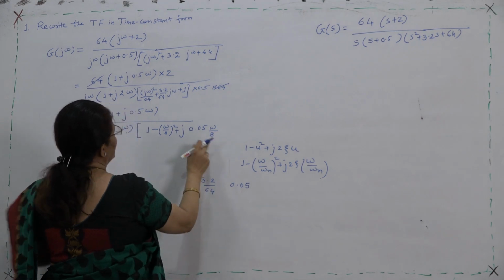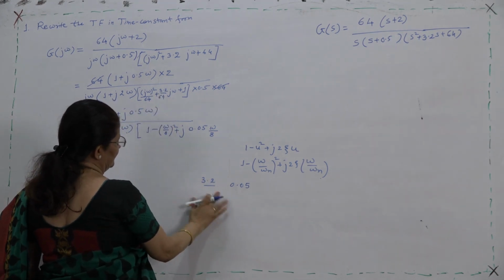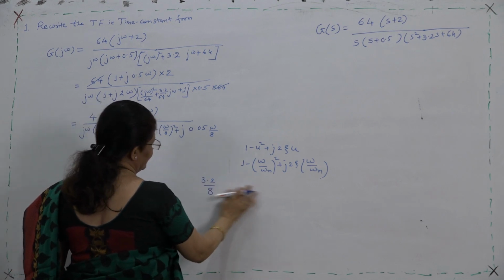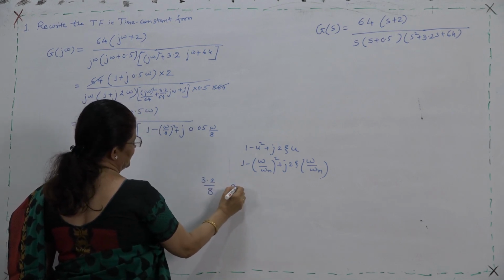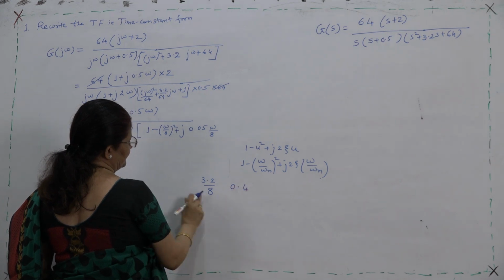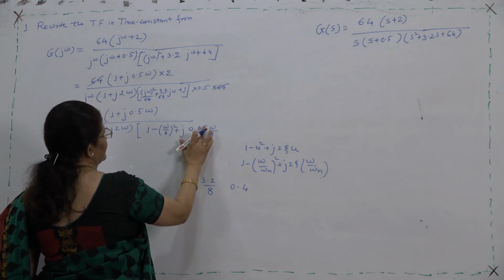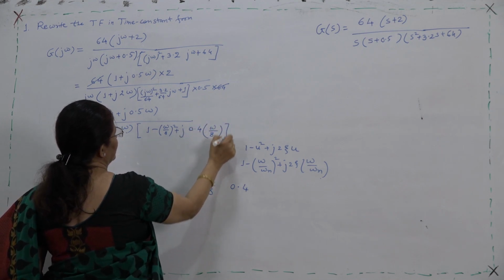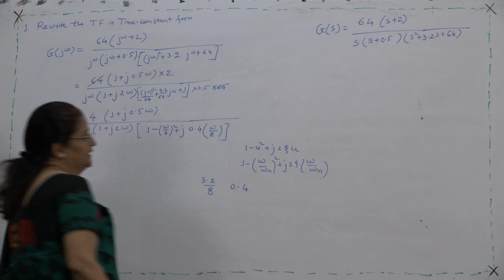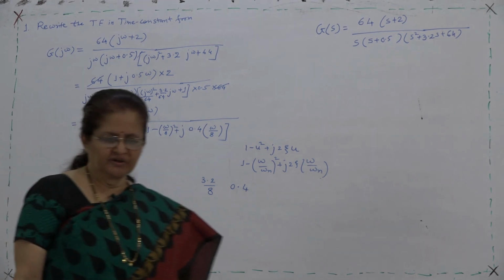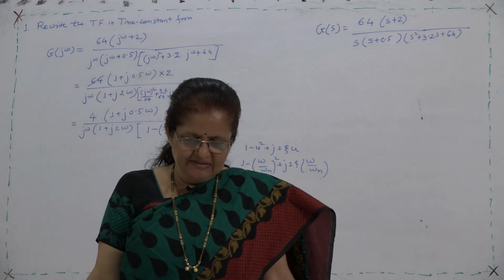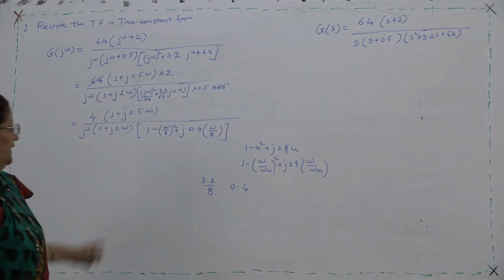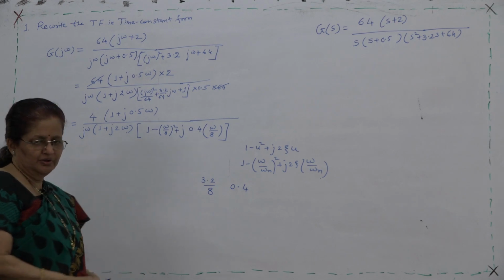So, if I want omega by 8, I have to divide here by 8 only. So, what I will get here is 0.4. Okay. So, I will get here 0.4 into omega by 8. Check it, dividing by 64 gives you the value like this. So, omega by 8 is your u.